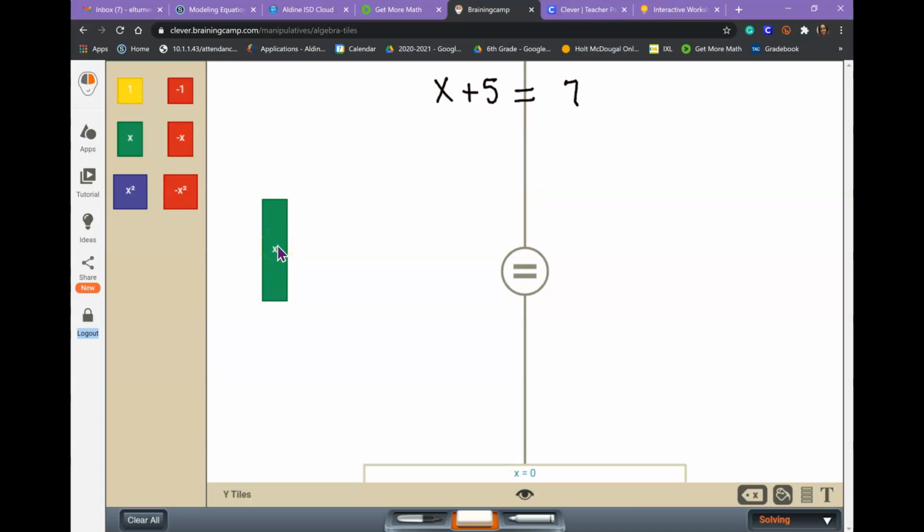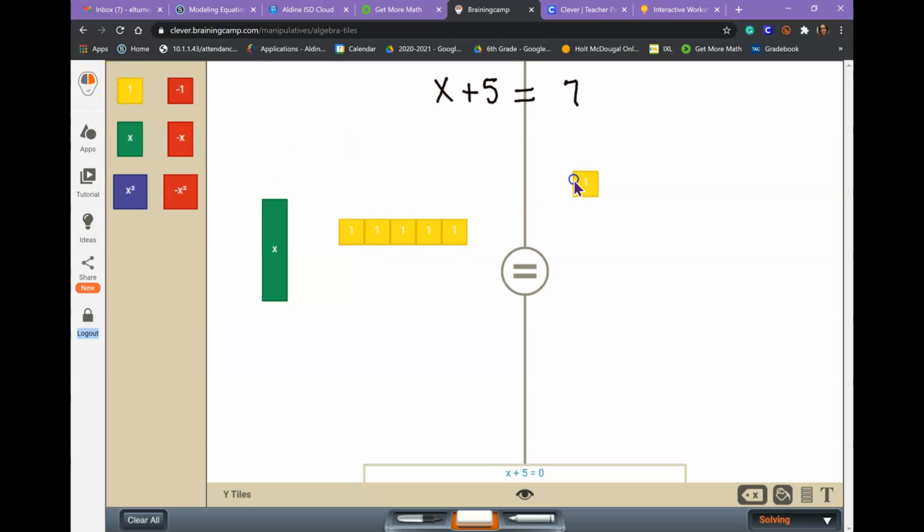This is going to be the manipulative I use to represent my x's. Now to represent positive numbers, I'm just going to select this yellow square. What you can do if you don't want to click them one by one is just click on the squares until you get however many you need.